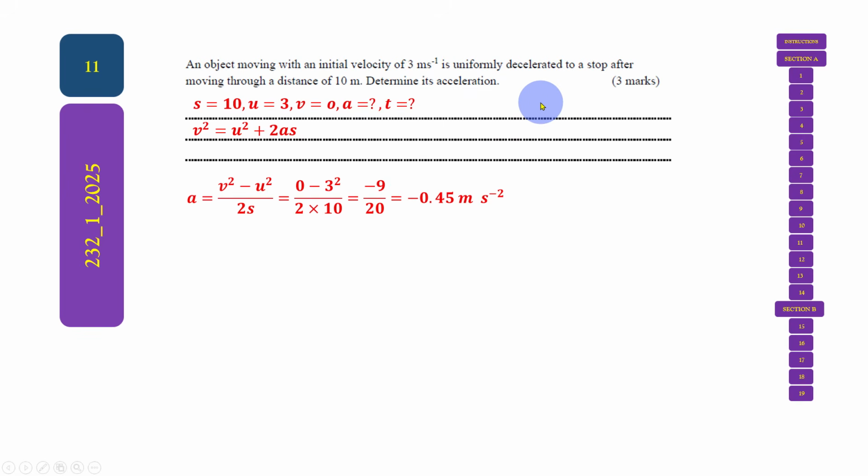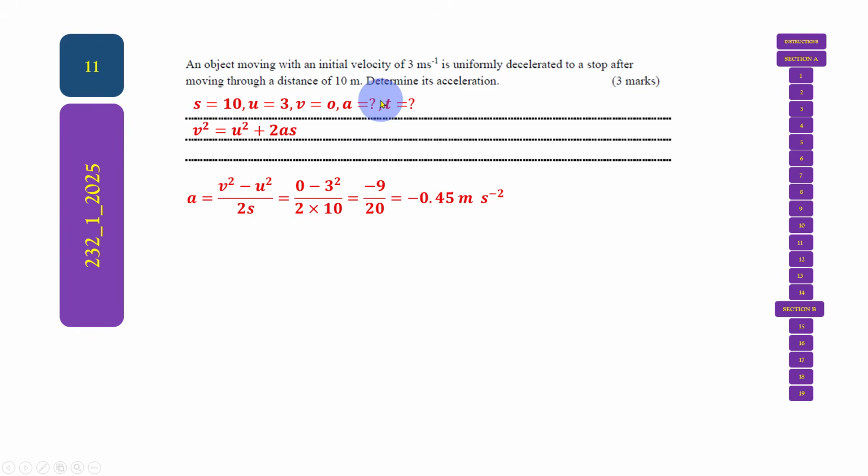I usually recommend that students use an acronym referred to as SUVAT. S-U-V-A-T, SUVAT. So the moment you write SUVAT, S is displacement, U is the initial velocity, V is final velocity, A is acceleration, and T is the time. These are the physical quantities which are found in the three equations of uniformly accelerated motion.